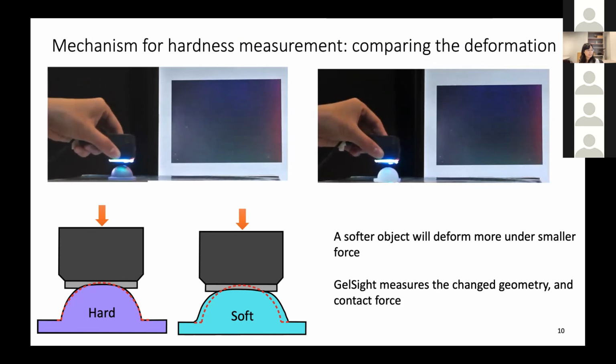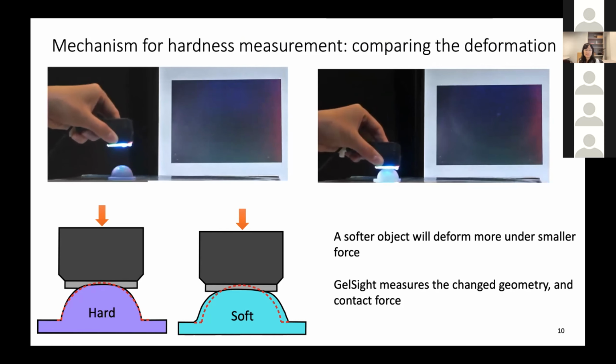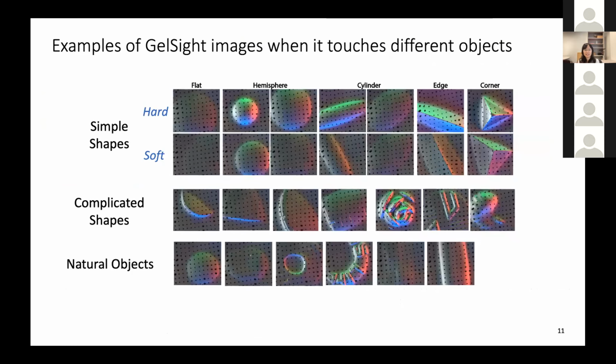But in this process, a big challenge is, what happens if the shape of the object is unknown, or is even some very complicated or arbitrary shape? Here I'm showing you some examples of other object shapes, especially in the first two rows. Those objects have different shapes, but each pair has exactly the same shape with different hardness levels. So we get a combination of different geometry, how the geometry changes as time goes, and how the force changes as time goes.